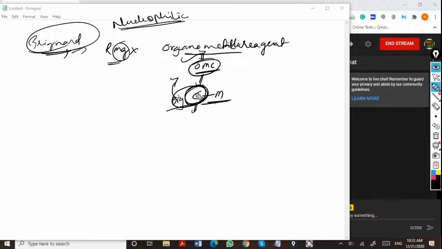And what are organic groups? Generally alkyl groups. This is most repetitive.